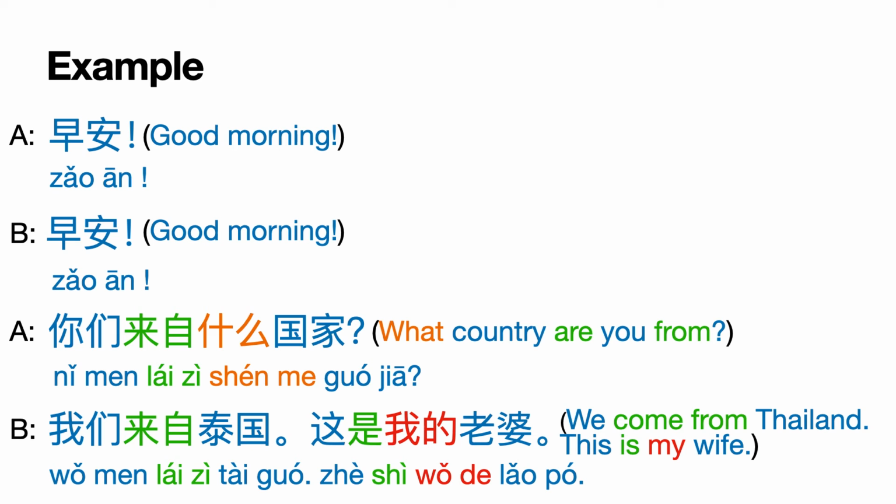What country are you from? 我们来自泰国。We, plural. 来自 come from 泰国 Thailand. 这是我的老婆。这 this, 是 is, 我的 my, 老婆 wife. 这是我的老婆. This is my wife.